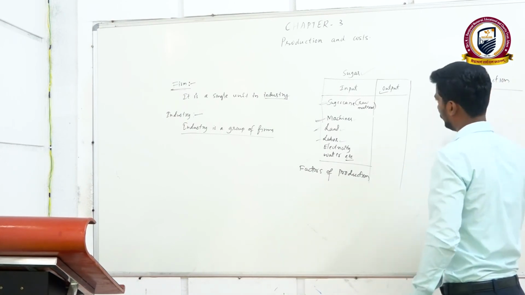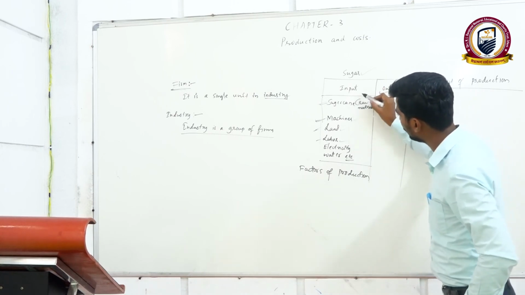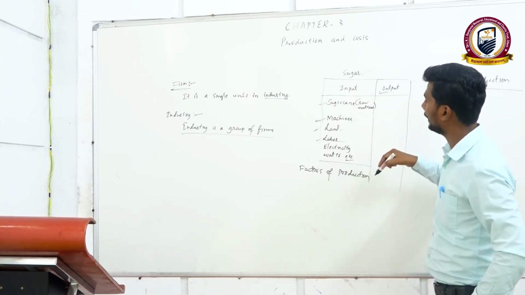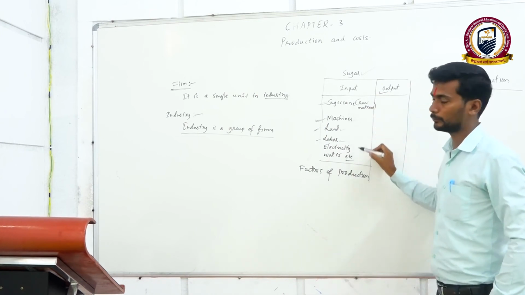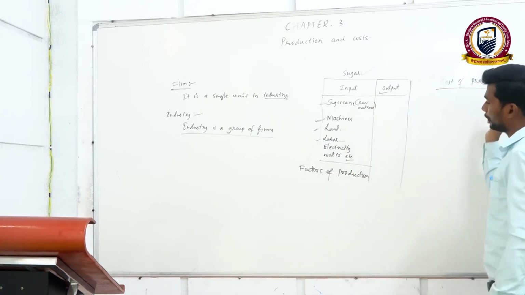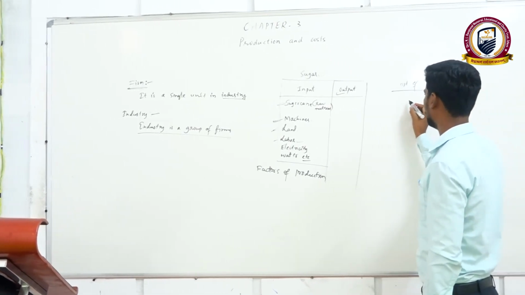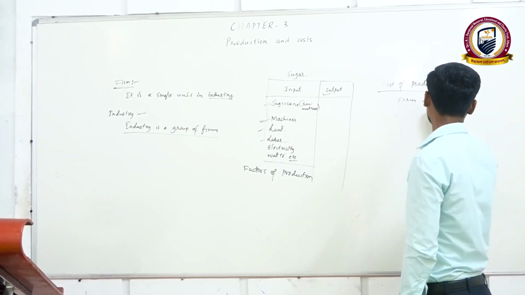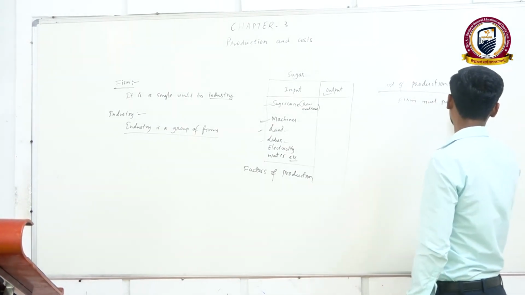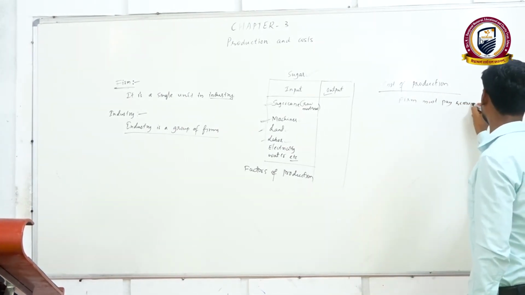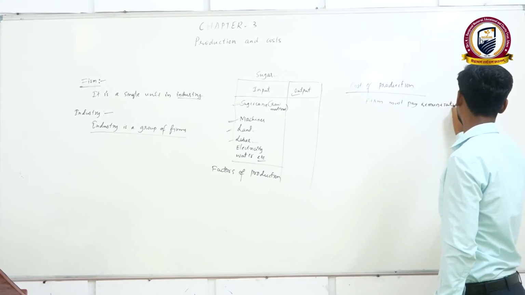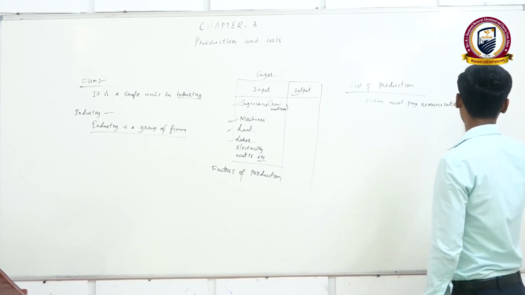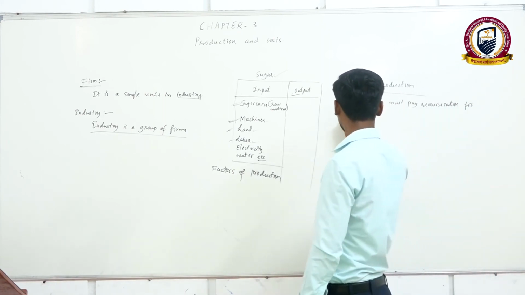What is cost of production? A firm uses these inputs in the process of production, and it has to pay for these factors. So that is called cost of production. A firm must pay remuneration for making use of inputs.